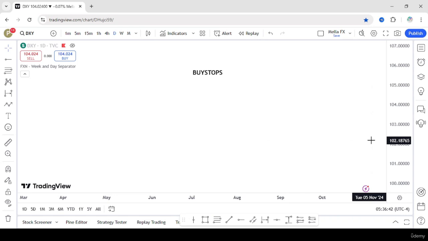In this lesson, we'll be studying buy stops, and buy stops are also buy side liquidity. They are orders which are residing above current market price.